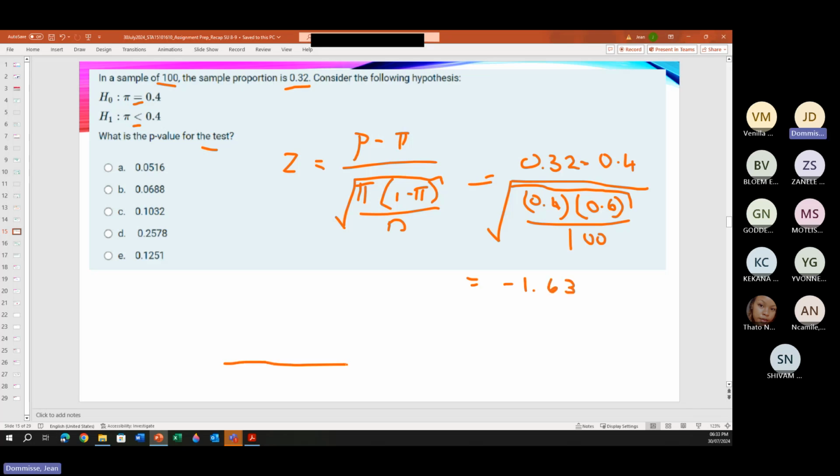Again, important to look at the normal distribution. Minus 1.63. It says smaller, so we're working with this area, which is smaller, so that is going to be the p-value.